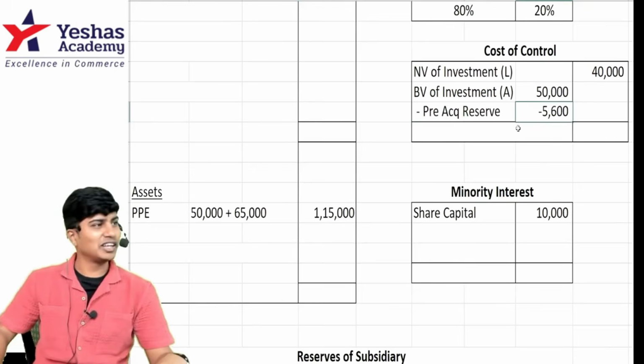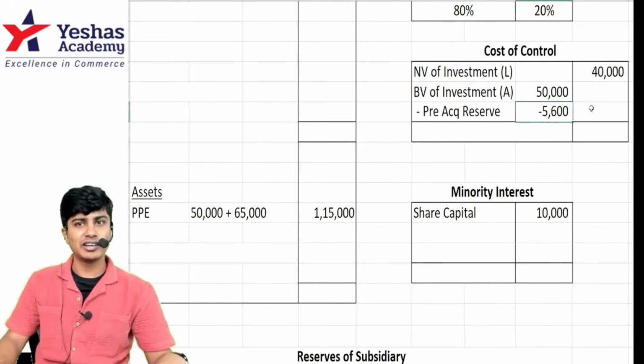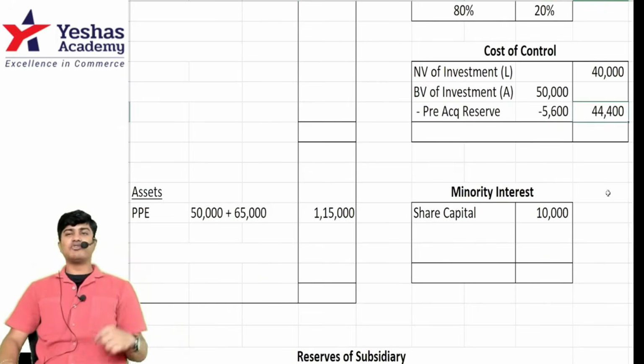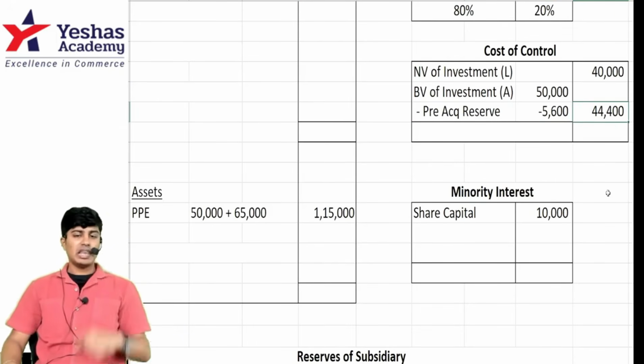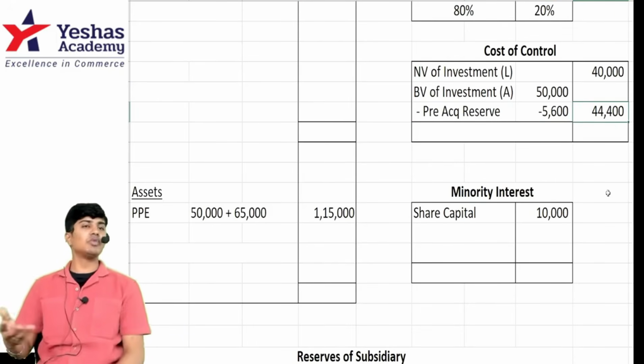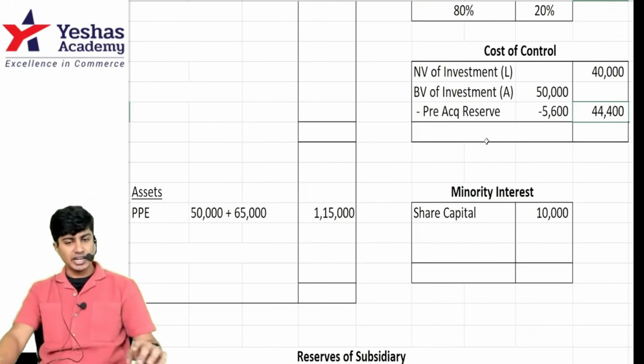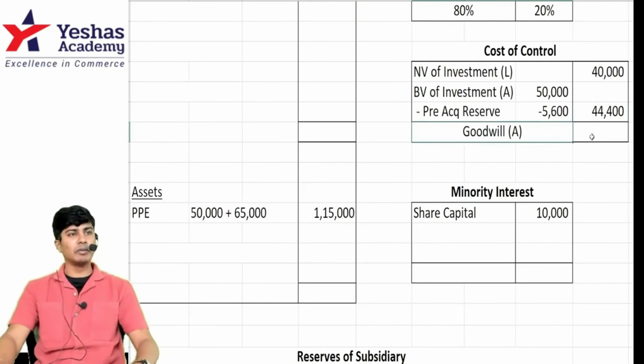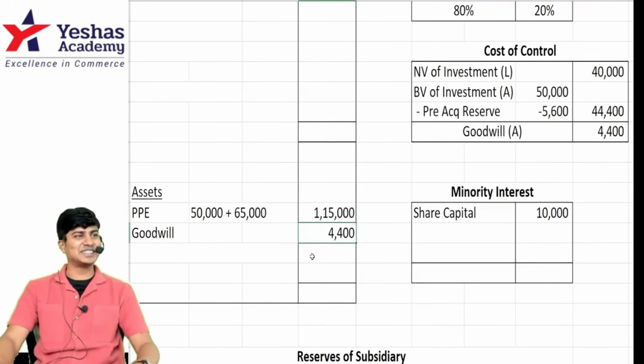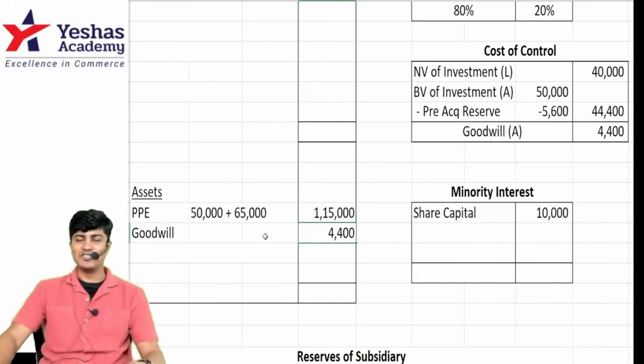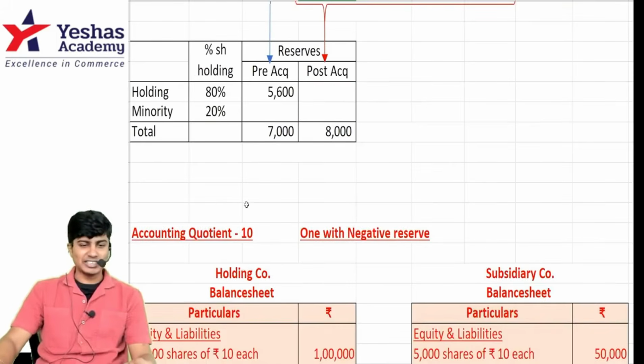Nice. 5,600 deduct. What do we get? 44,400 is asset. Liability is 40,000. Which is more? Asset. Shall I write goodwill? How much is it more by? Where do I write that goodwill? Balance sheet asset side. 4,400. Done.